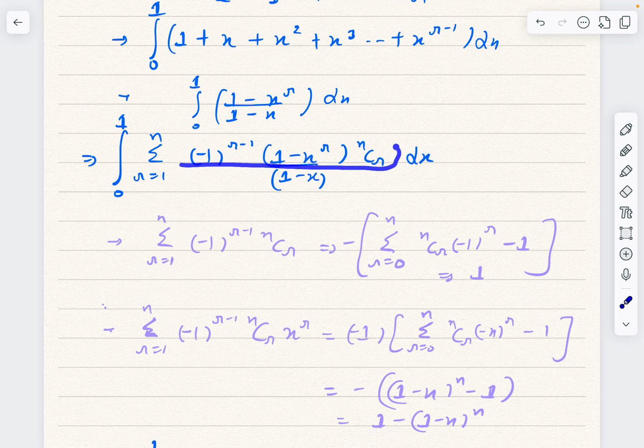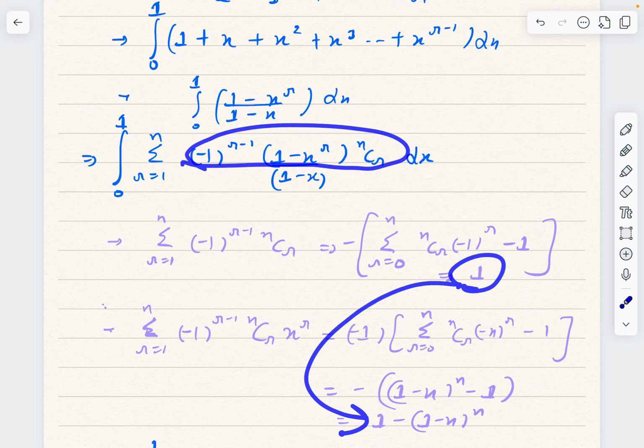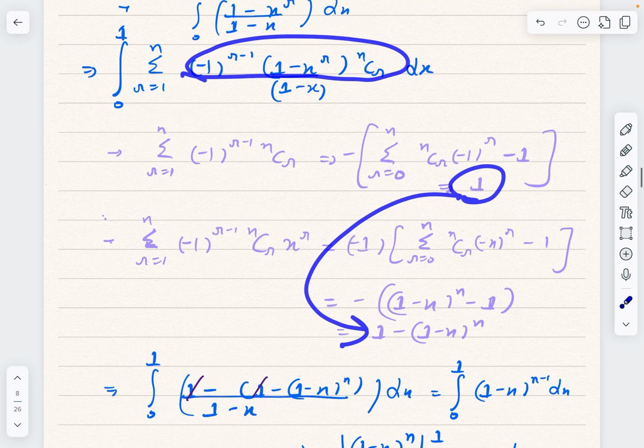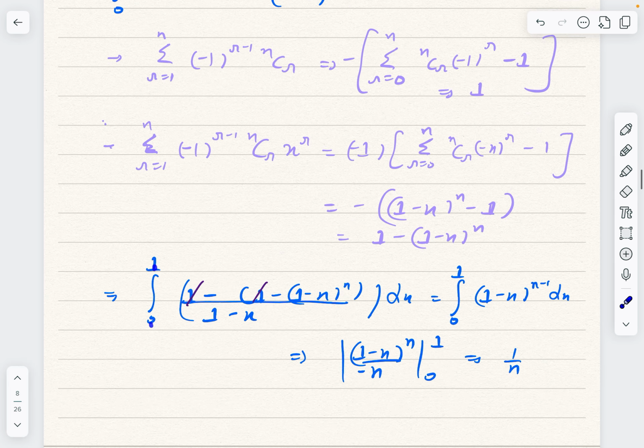Okay, so these two terms will come out to be first 1, next minus of 1 minus x power n, basically this numerator will just be this minus this. So finally you get this 0 to 1, 1 minus 1 minus 1 minus x power n divided by 1 minus x dx. So 1 cancel, 1 minus x cancel, you get 0 to 1, 1 minus x power n minus 1 dx, which you can directly integrate and you get final answer to be 1 by n.